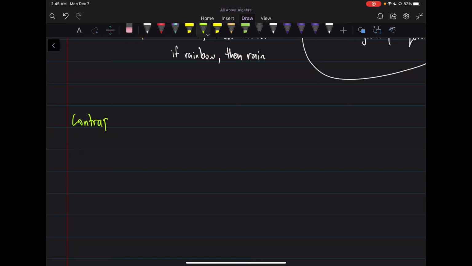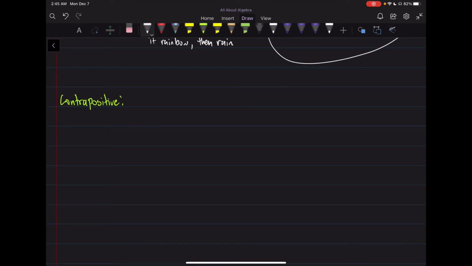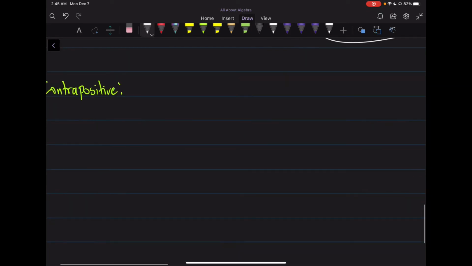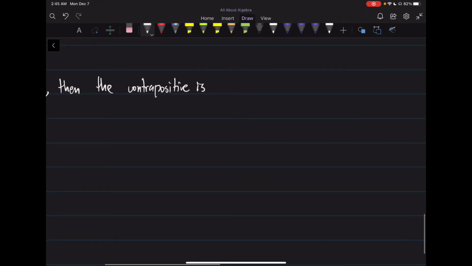Now we're going to talk about the contrapositive. So the contrapositive states that it's similar to the converse, except a little bit different. So if we have a statement that's A implies B, then the contrapositive is the negation.